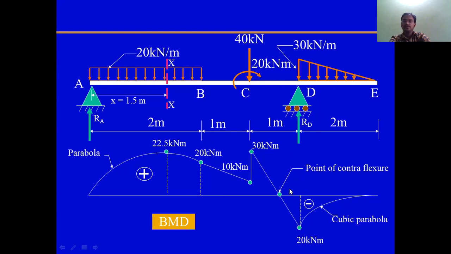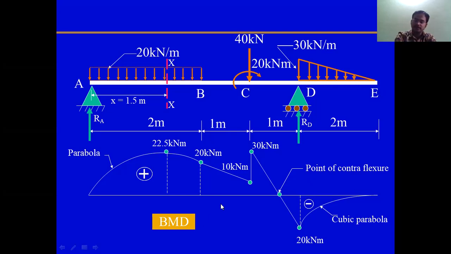So RD into A minus half into base into height, half into 30 into 2, this is the load, and that is acting at A plus 2/3.